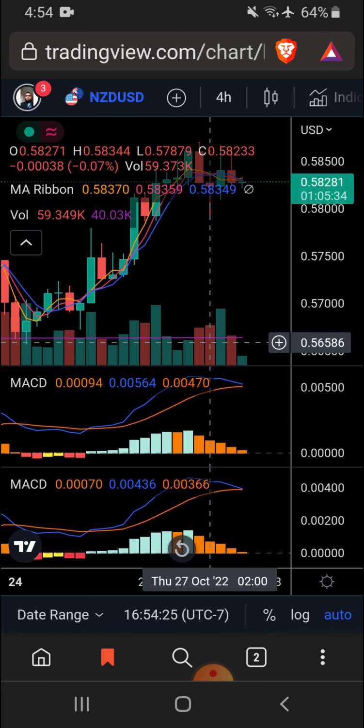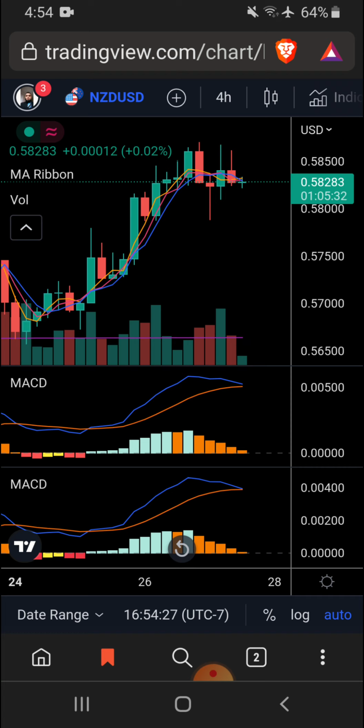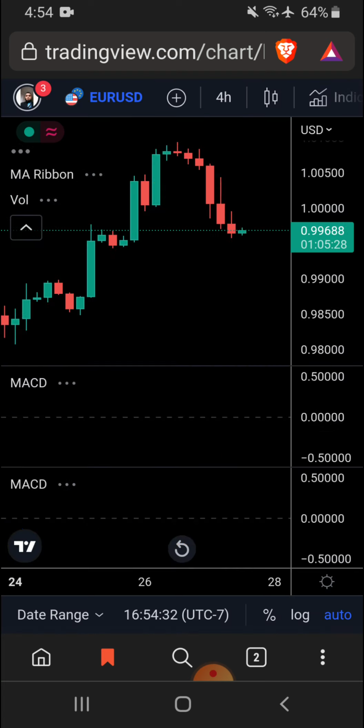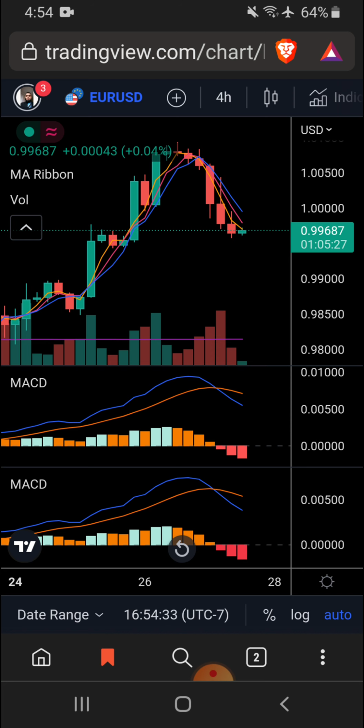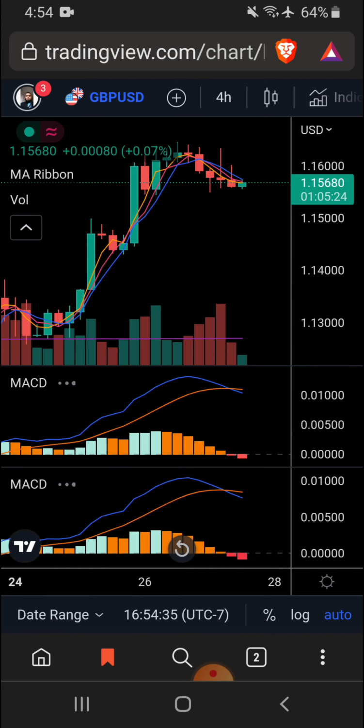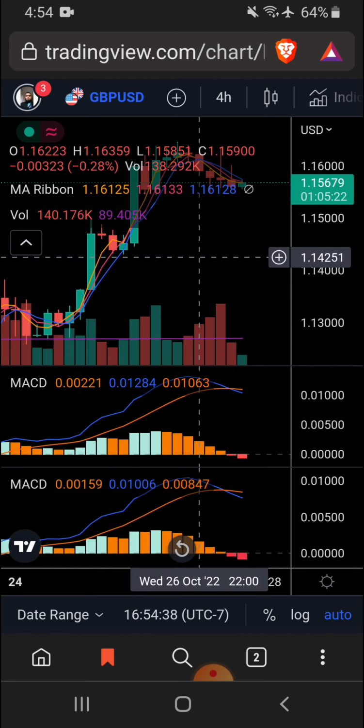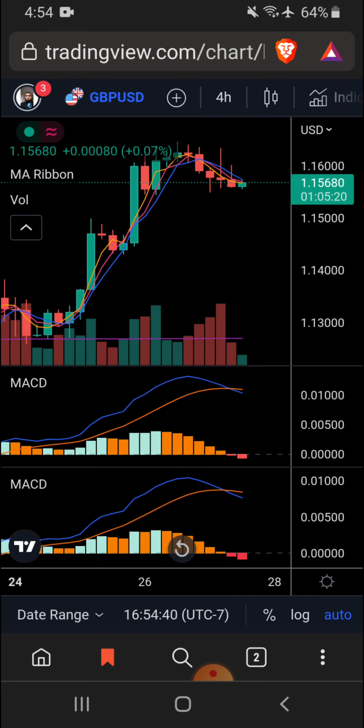That continued. Other pairs really declined more, such as the euro, the pound also declining. Not as much as the euro, it looks like, but it did decline.